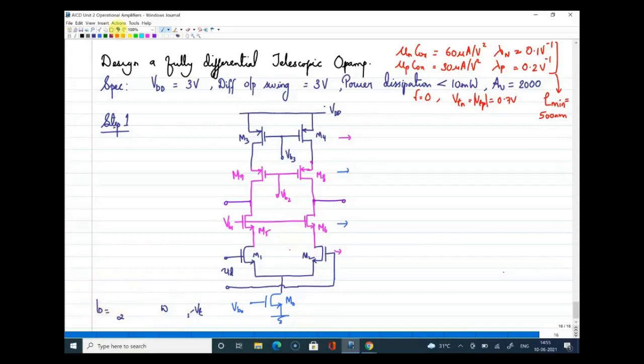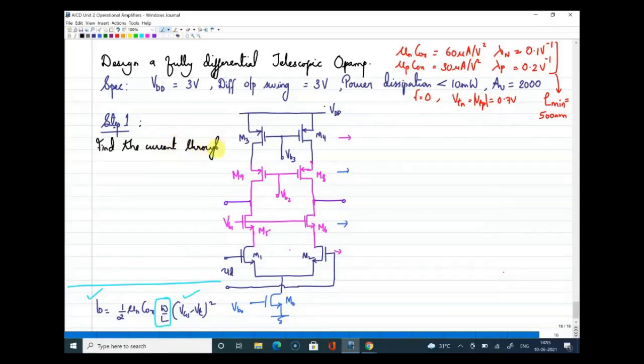Yeah, so the first step in the design is what we generally call power budget allocation, or I'll write it as finding the currents: find the current through all the transistors. That is the first step. We'll do it step by step. This involves certain calculations, so please keep your calculators ready with you.